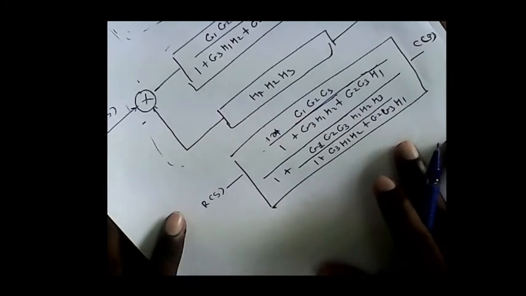So after solving this equation, we get the transfer function for this block diagram, C(s) over R(s).